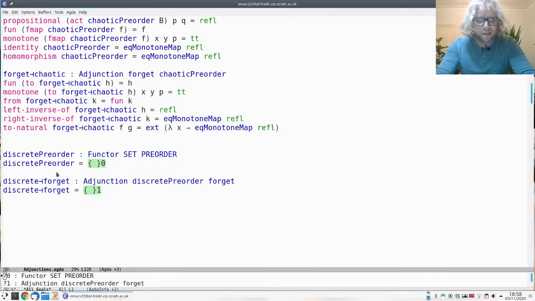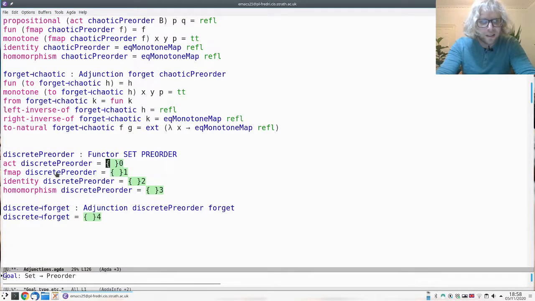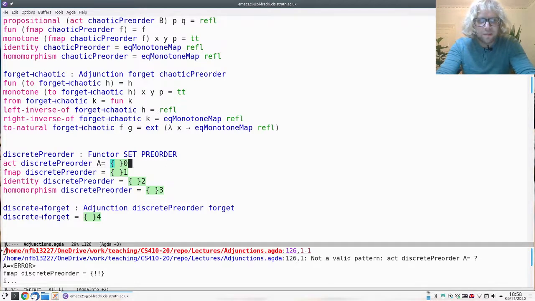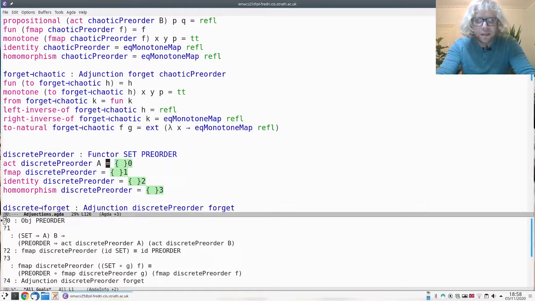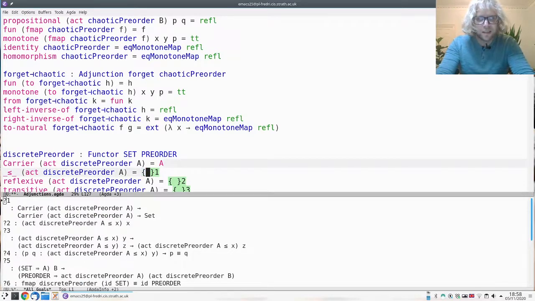Okay, so let's see if we can do this. So first we have to define a functor. Okay, and we already said what we wanted to do. Here we should get given a set A, and we have to return a preorder. Okay, so we said that the carrier should be A. The relation itself should be equality.